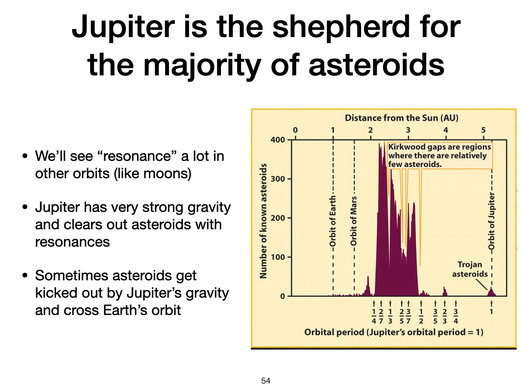So these are all not coincidental. This orbital resonance phenomenon we'll see a lot when we talk about moons of the outer solar system and so on.